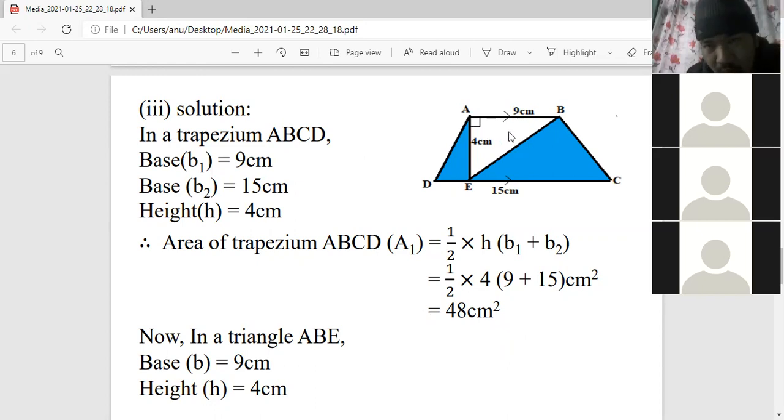Now here also we don't need to take the reference angle. This is right angle triangle. If there is no reference angle, we can take any one base and one height. We can find out the area of this right angle triangle by using which formula?